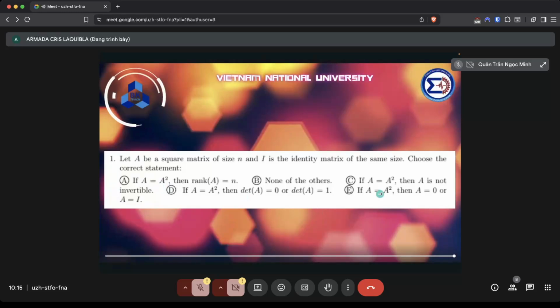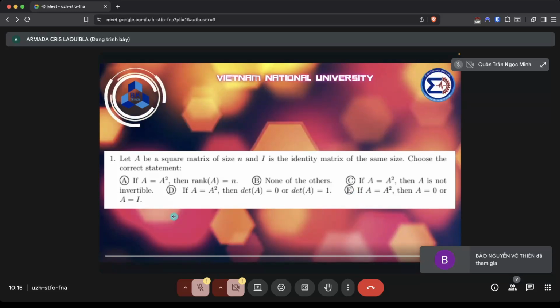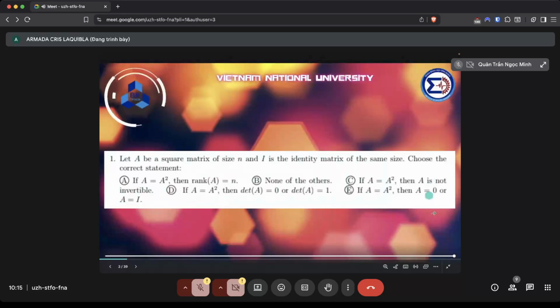By the way, you will tell me about the E here. You will say, oh, E is correct: if A is equal to A squared, A is equal to 0 or A is equal to I, because when you square the 0, it's the 0 matrix, and when you square the identity, it's also the identity, right? But class, the if part is the first to satisfy.